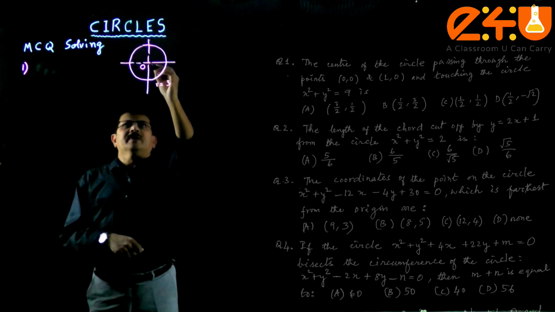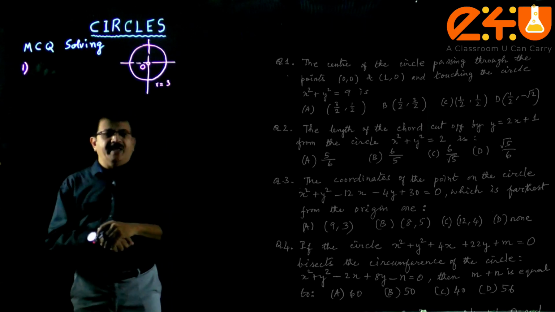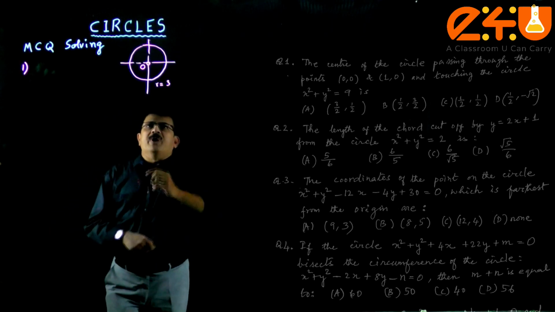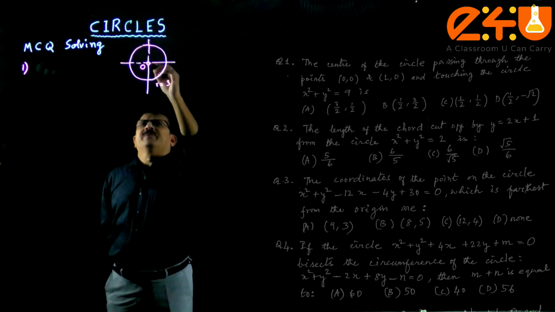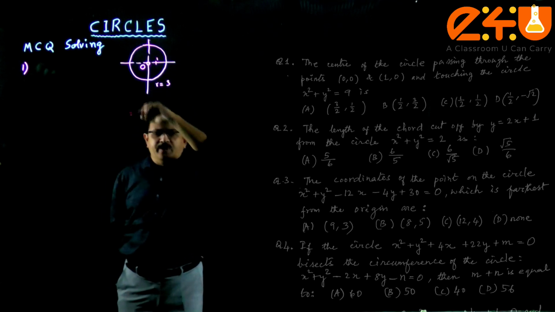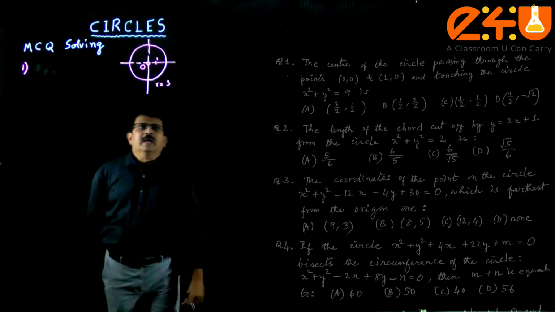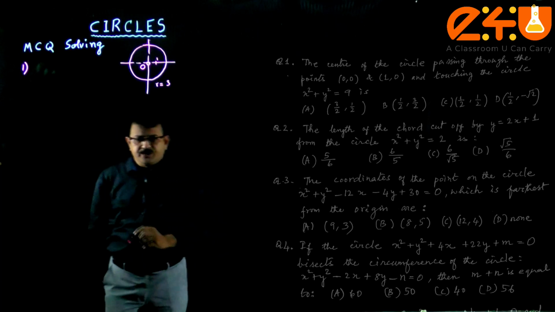But they require the center of another circle which passes through origin and (1, 0). So roughly let me assume the point (1, 0) is on the positive x-axis and passes through origin also.